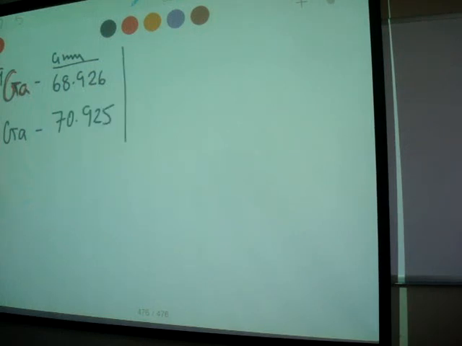That's the atomic mass. You have been given percentages, 60.11 percent and 39.89 percent. So we transfer this information in a table form.